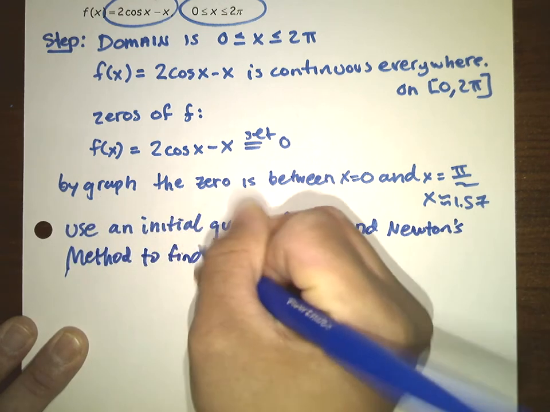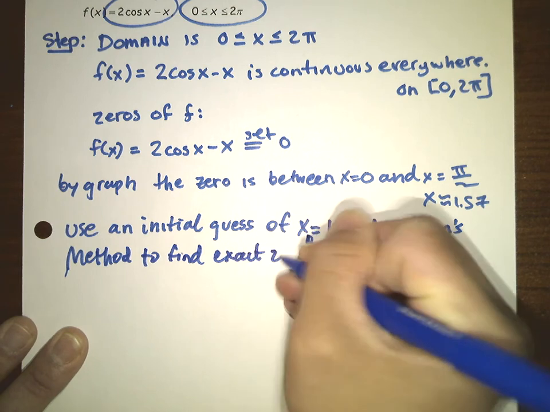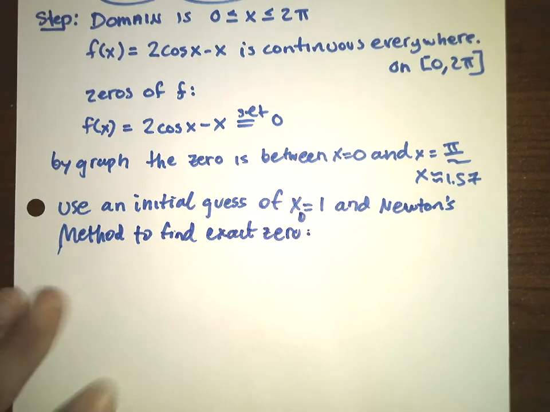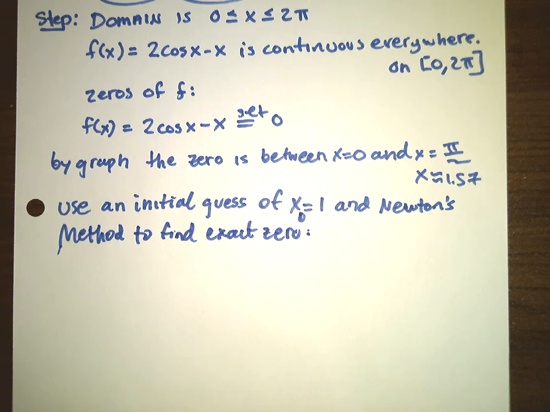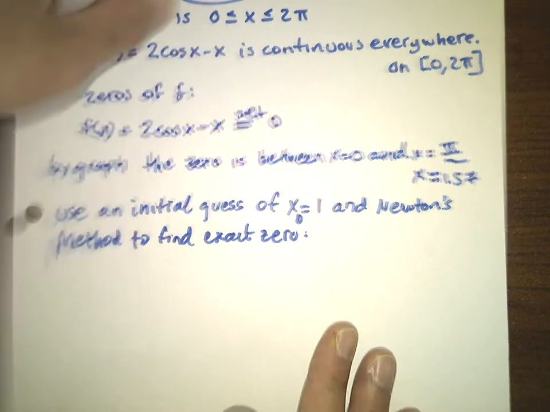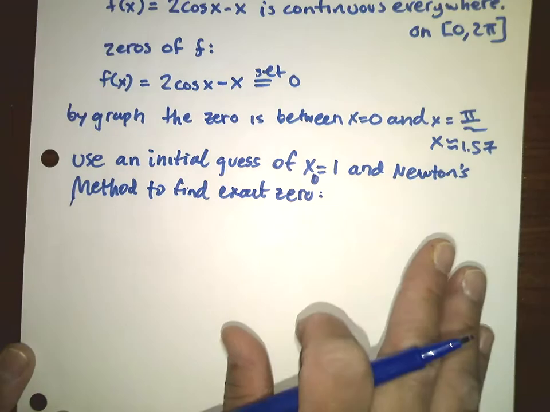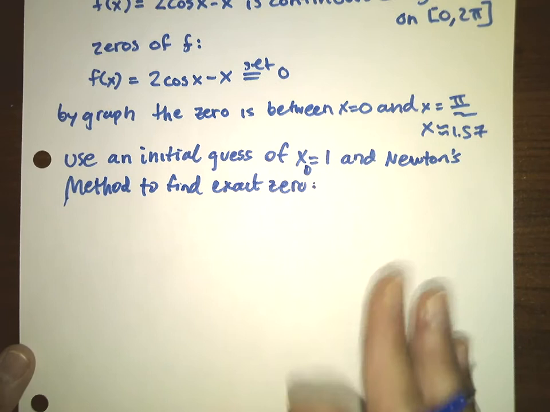to find the exact 0. By the way, I forgot to mention that with this problem, you could actually use every single thing that we've talked about in this class up to now in the same example if you wanted to. But for now, we're just going to start with Newton's method.